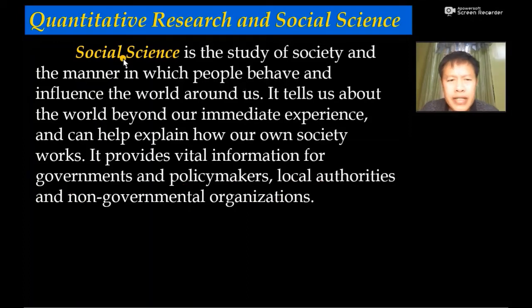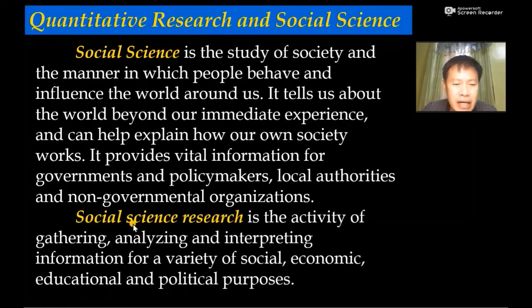In short, social science deals with society and how people communicate and behave in that society. Social science is very broad. There are so many dimensions or types of social sciences.